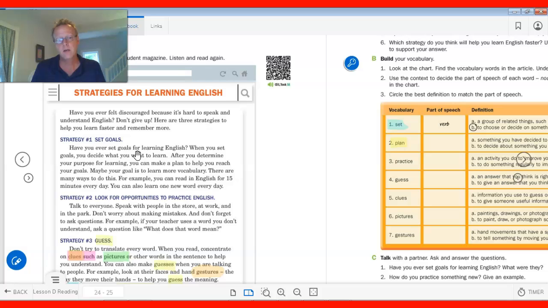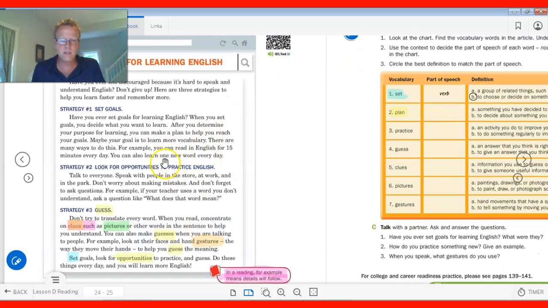Now, you'll remember the other thing we talked about is whenever you see a "for example," you're about to get some evidence, some reasons, some specific facts to prove or convince you of a point that's being made. Again, we look at the paragraph here and we find "for example."